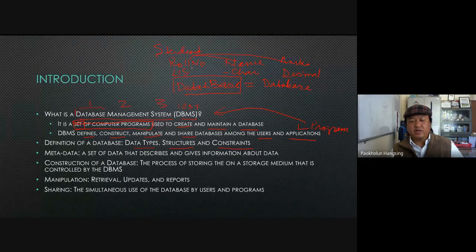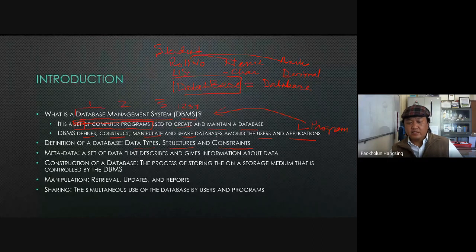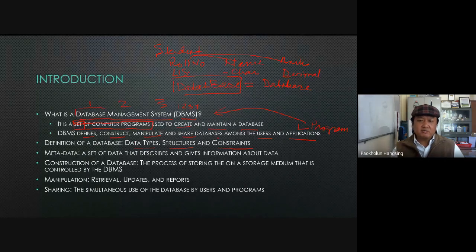So therefore, you cannot have a roll number without LIS. If you try to enter a roll number without LIS, then the system will tell you there is an error or you are violating the constraint rules. So these kinds of constraints also. There are so many constraints, but this is just one example that I'm giving you to understand.